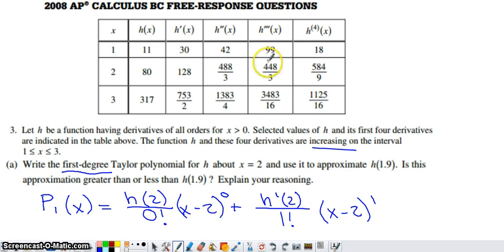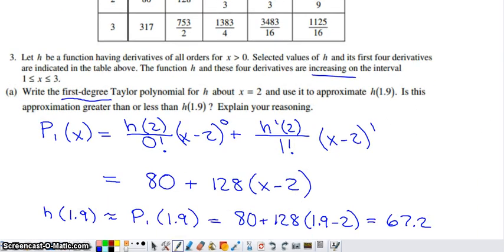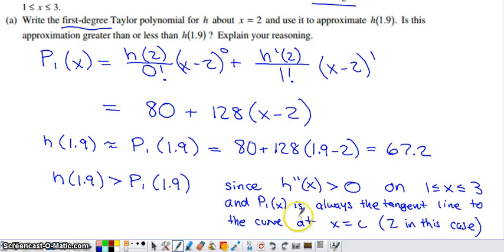Why is the second derivative going to help us answer this question? Well, a first degree Taylor polynomial is always going to be the line tangent to the graph at where the series is based. This series is based at 2. So this first degree Taylor polynomial is really the tangent to the curve at the x value of 2. And since the function has a positive second derivative on this entire interval, our function's concave up.